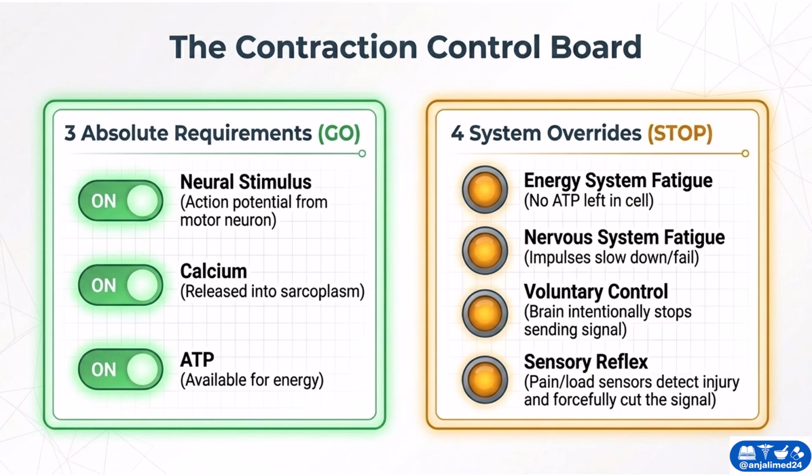For example, electrolyte imbalance affects calcium signaling, mitochondrial disorders reduce ATP generation, and motor neuron disease impairs neural stimulation. So, the slide acts as the master control summary for everything required to produce safe and effective muscle contraction.